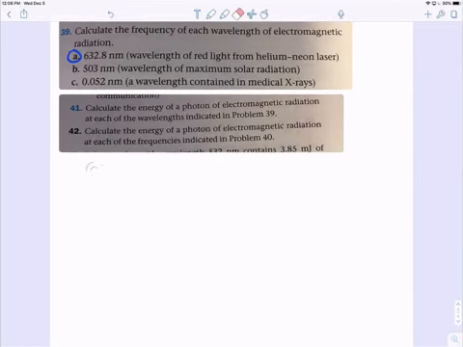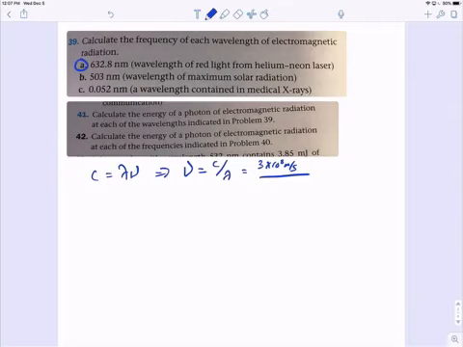C is lambda nu, so that implies frequency is speed of light over wavelength, which is 3 times 10 to the 8th meters per second, divided by 632.8 times 10 to the minus 9 meters.